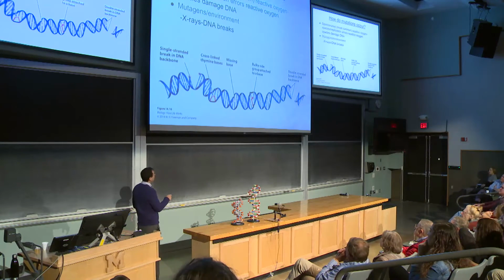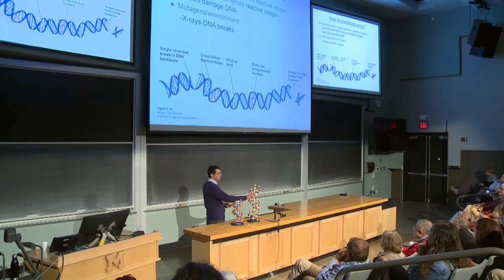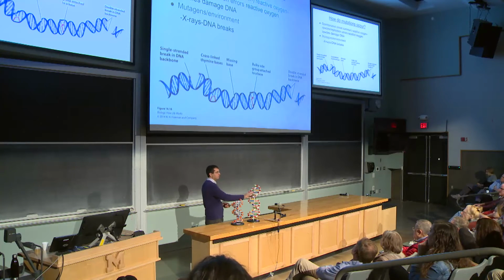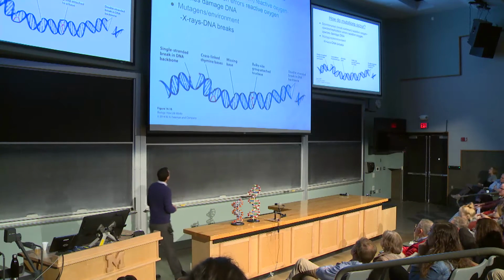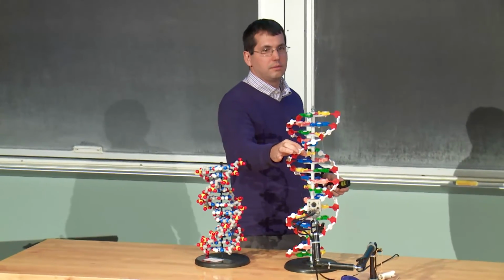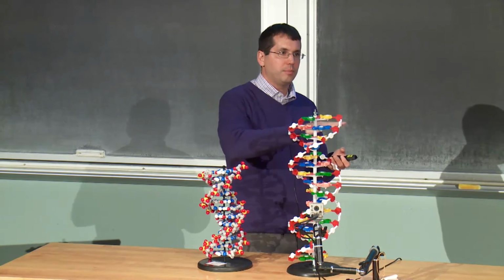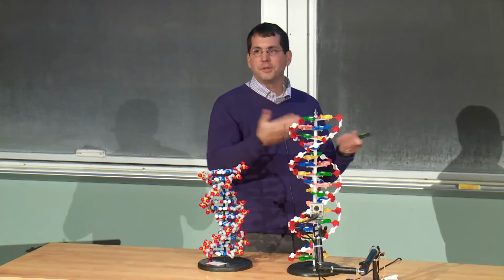We can have bases that get cross-linked together, so there can be a chemical modification that covalently links bases together. Okay. We can have a missing base where one of these bases is gone. All right. And so if that base is gone and then that serves as a template for synthesis, well, there's nothing to pair with, right?